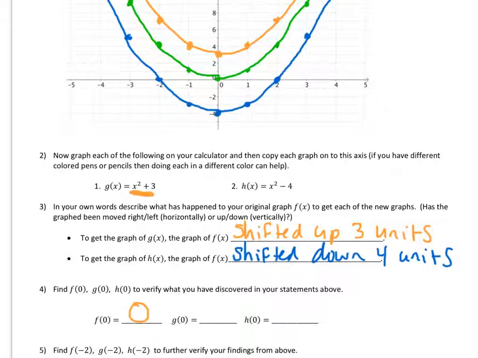If I put a 0 in there for x, 0 squared plus 3 is 3. And h of x is x squared minus 4. If I put a 0 in for x, I get 0 squared minus 4, which is negative 4. So you can see this relationship of adding 3 also meaning moving up 3, and subtracting 4 meaning moving down 4.